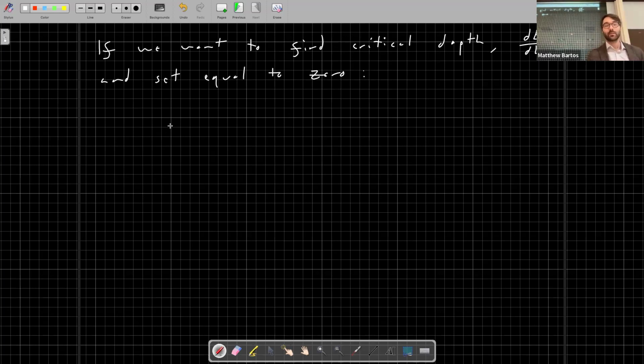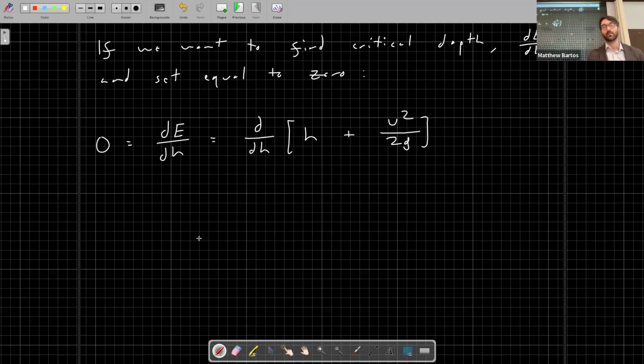So let's do that. We're going to take dE by dh and set it equal to 0. So this is going to be equal to d by dh of the quantity h plus u squared over 2g.